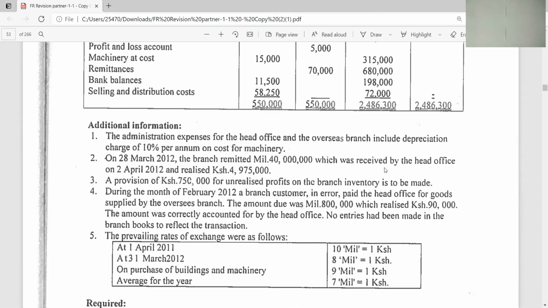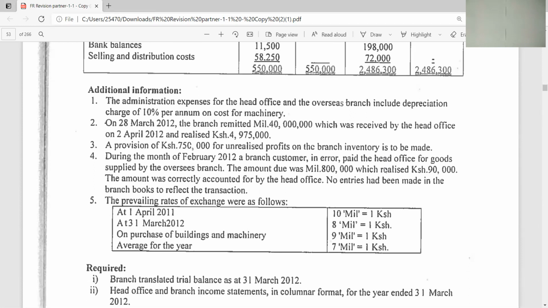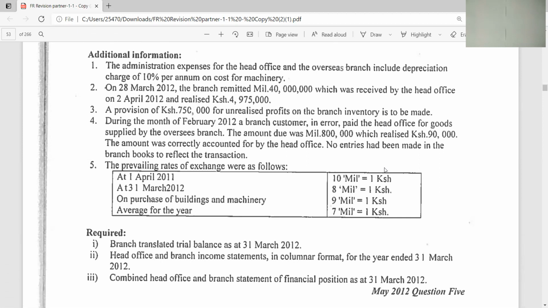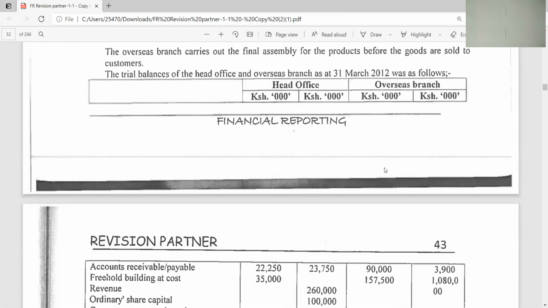On 28 March 2012, the branch remitted 40 million Miri, which was received by the head office on 2nd April. Remember that our financial year, as you can see from the required down there, ends on 31st March 2012, since the trial balance is as of 31st March 2012.